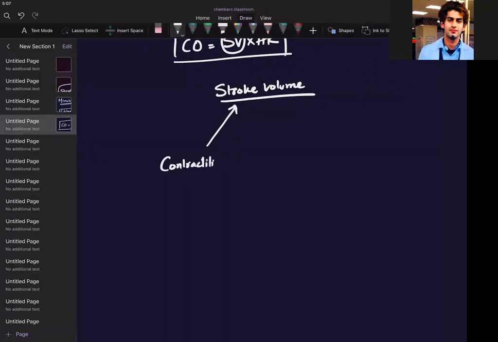Contractility. Afterload. Preload. These 3 should be remembered. CAP is determining the stroke volume.